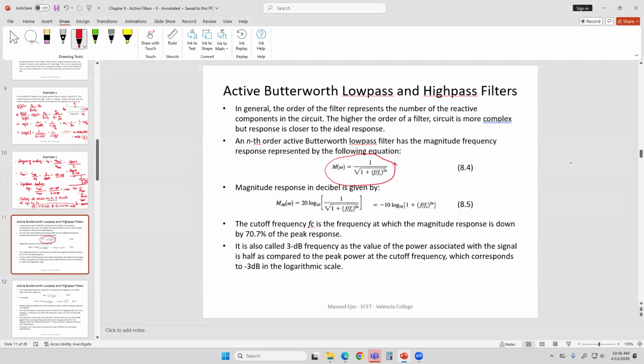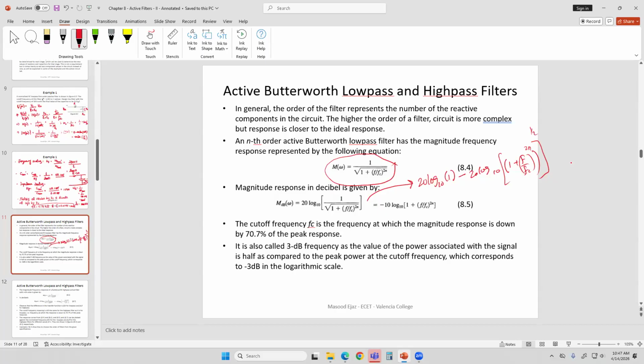In decibels, the magnitude response is 20 log10 of this, which simplifies to 20 log10 of 1 minus 20 log10 of (1 plus (f over fc) to the power 2n) to the power half. 20 log10 of 1 is 0, and the half comes out front, becoming negative 10.